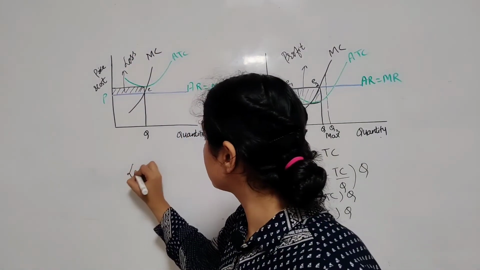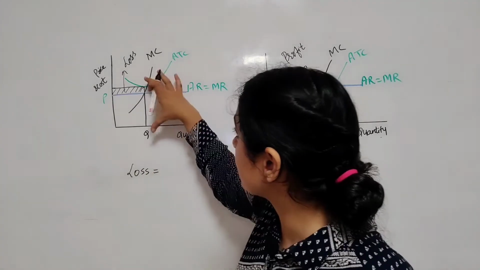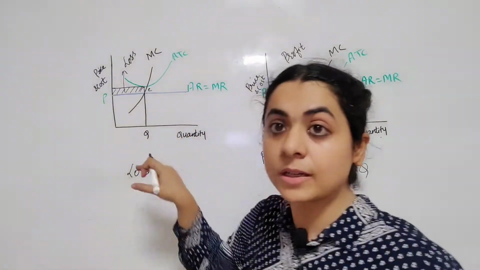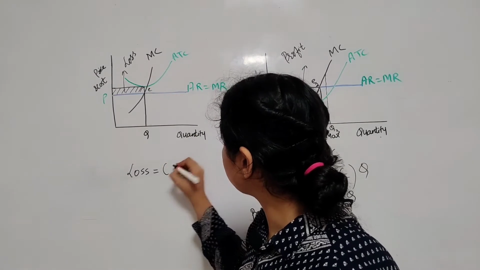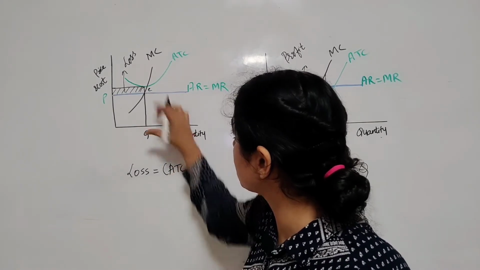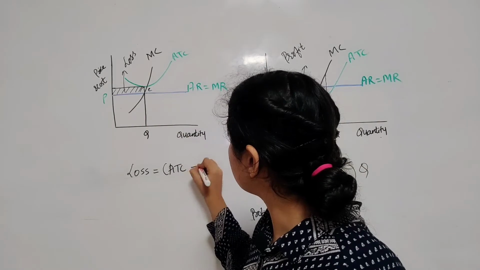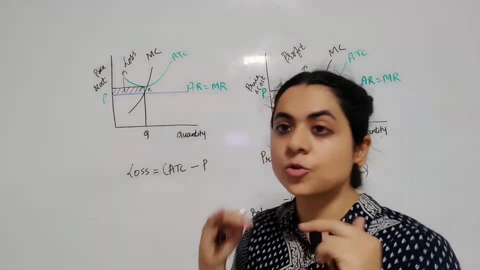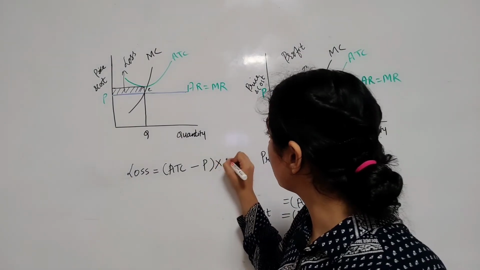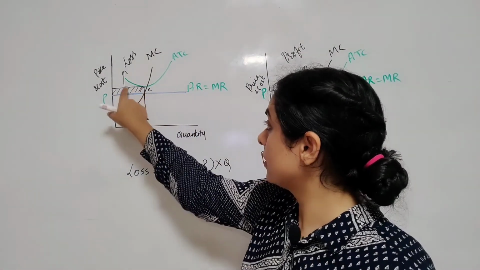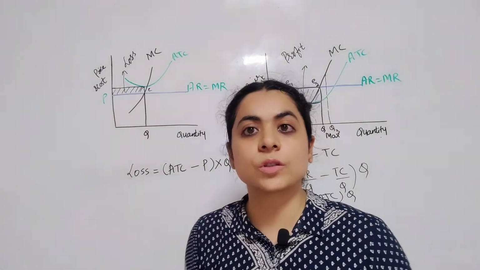We can represent this loss as the height of the rectangle, average total cost minus price, since average total cost is greater than the price, multiplied by quantity. So this shaded portion represents the loss.